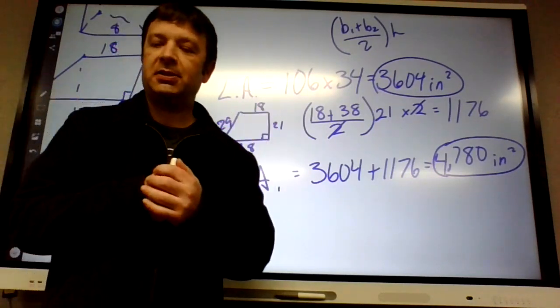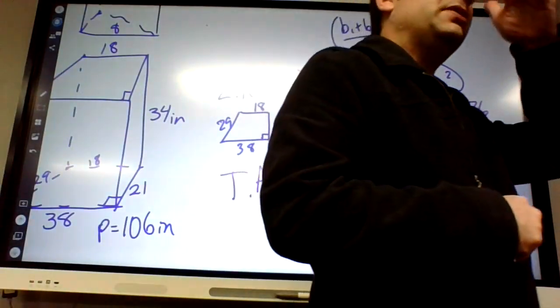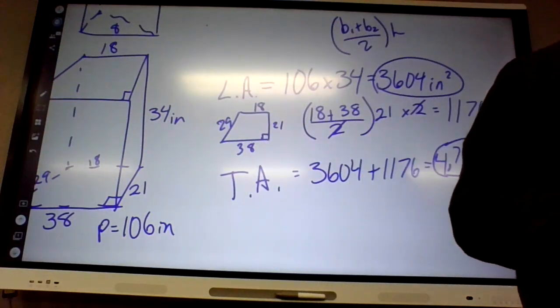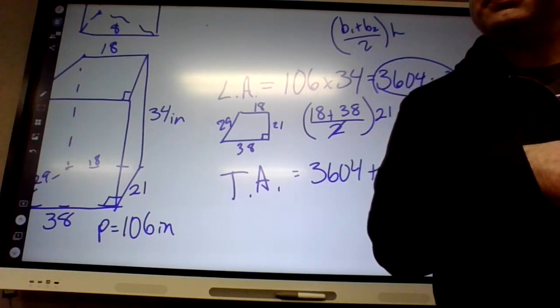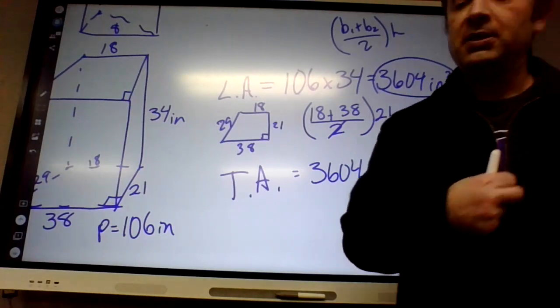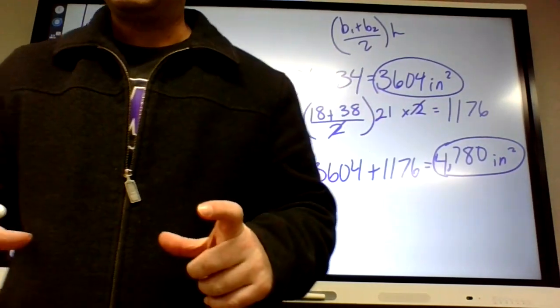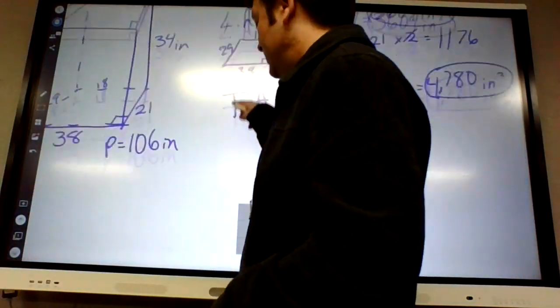Yes. Basically, the top of the shaft would be like the opening, like the top of the elevator. The bottom would be the ground. You don't need to cover the ground with sheet metal. It's just to keep the walls from caving in. So the sheet metal will go on the lateral surfaces. How did we find lateral surface area?